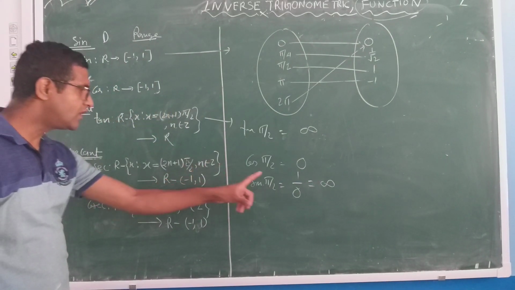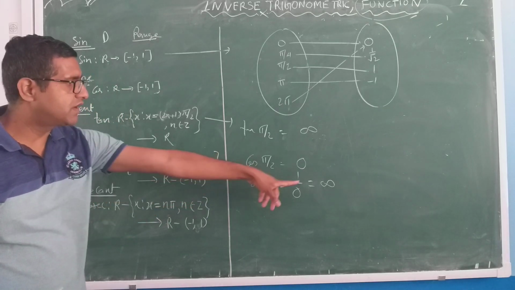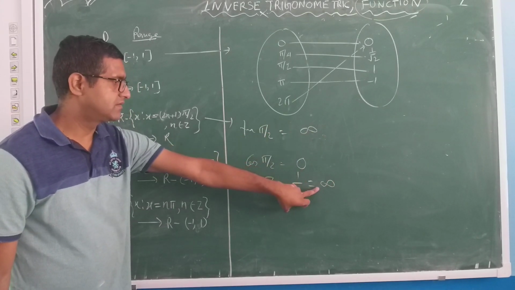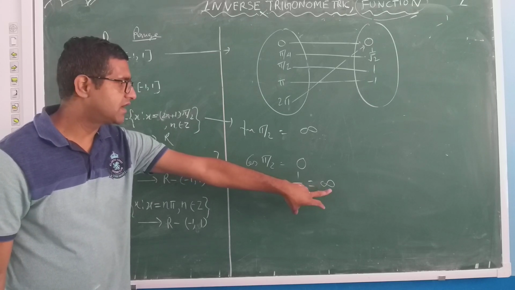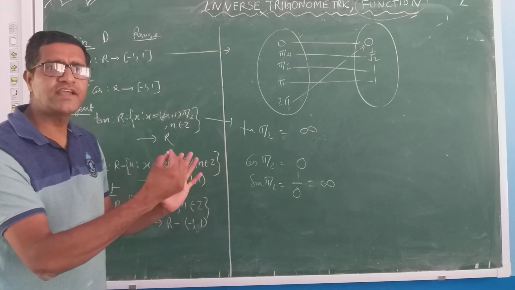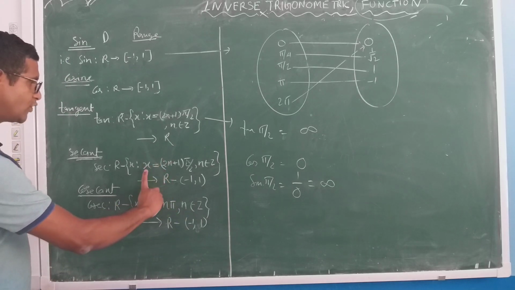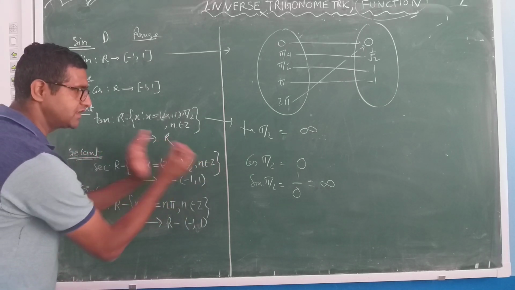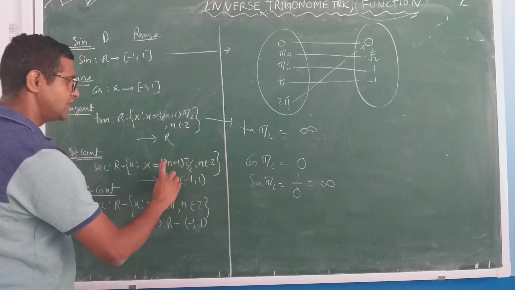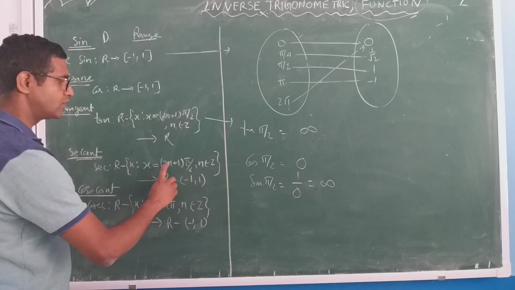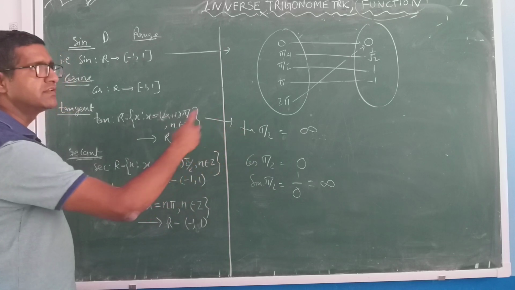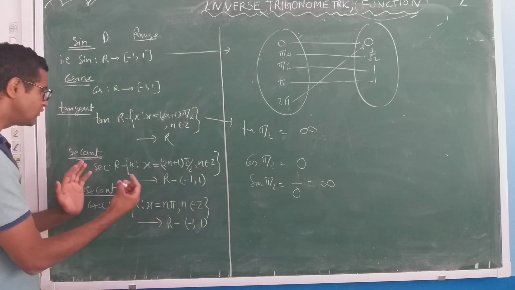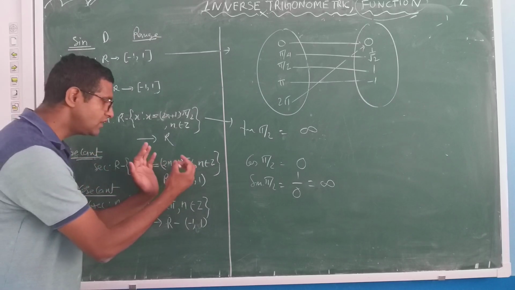For odd multiples of π/2 you are getting an infinite value, and an infinite value will not be in the range. Range means finite value. So the domain is all real numbers excluding π/2, 3π/2, 5π/2, 7π/2, 9π/2. Excluding these values, the rest is called the domain.